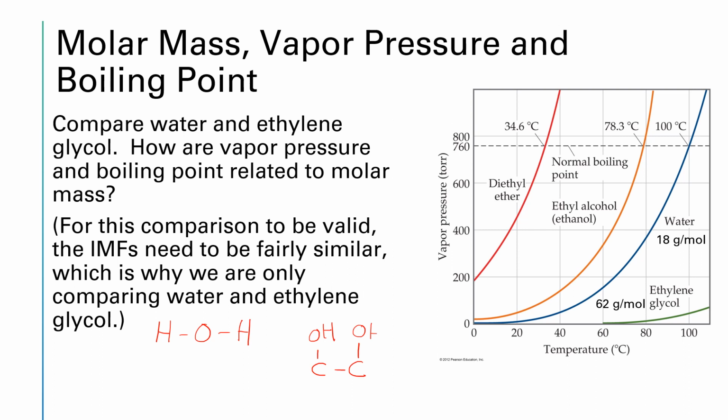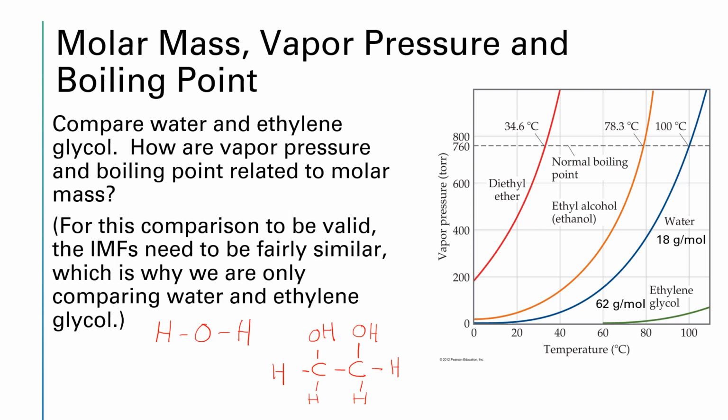Glycol is a term that implies an alcohol with 2 OH groups. So ethylene glycol is the 2-carbon version of this. I want to compare these two molecules because they have different molar masses and they both are capable of doing hydrogen bonding in 2 spots.